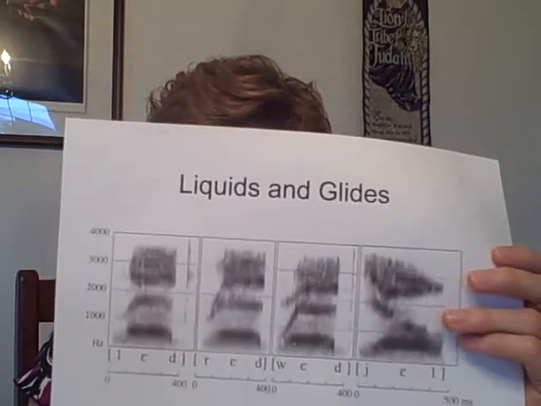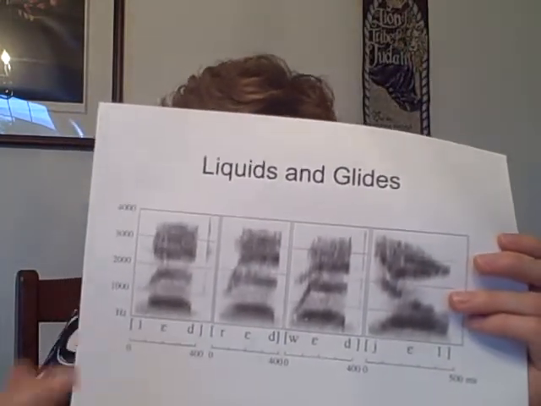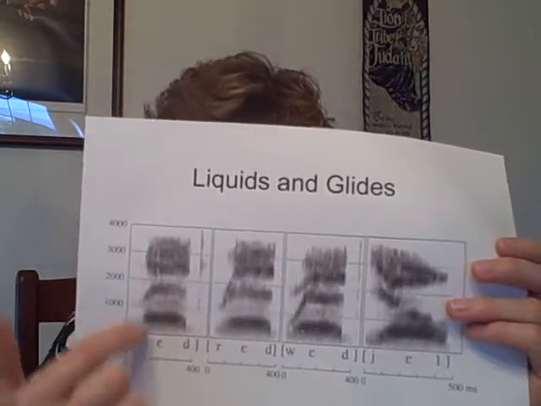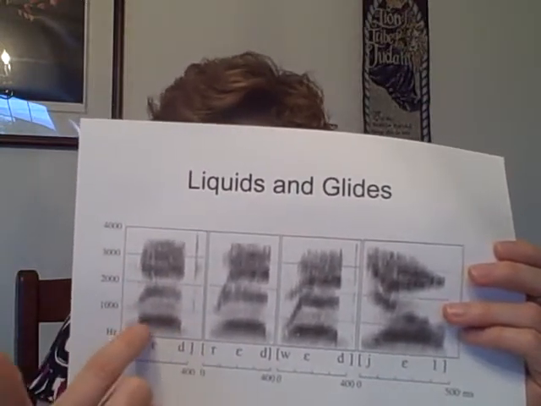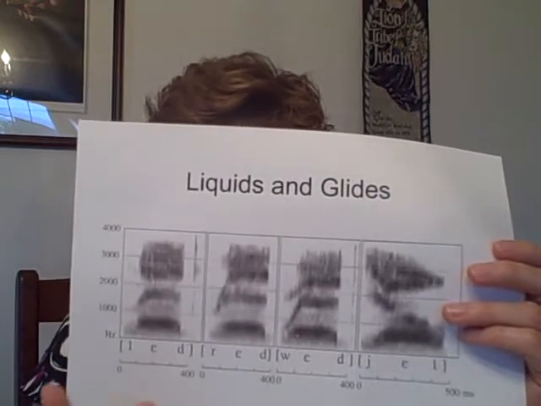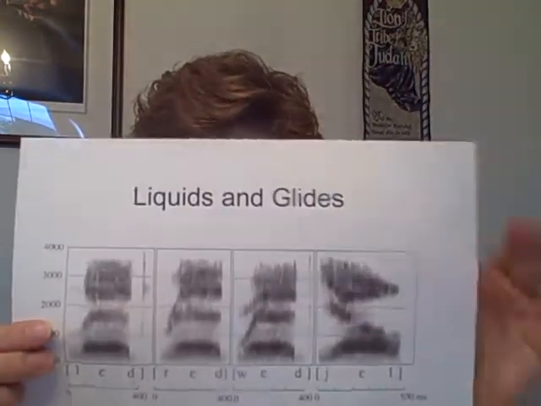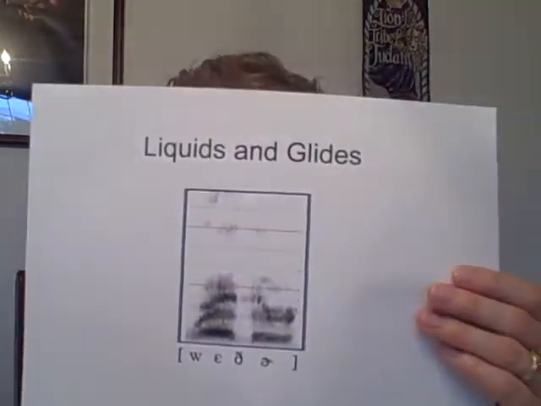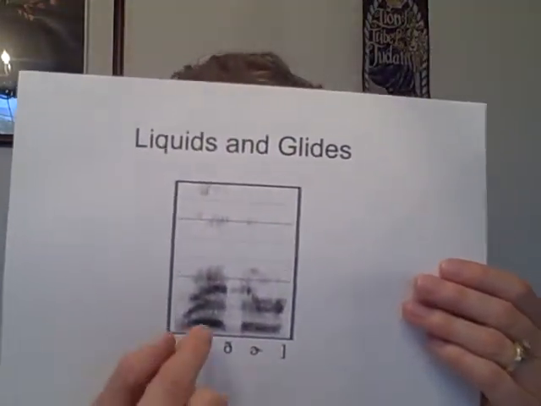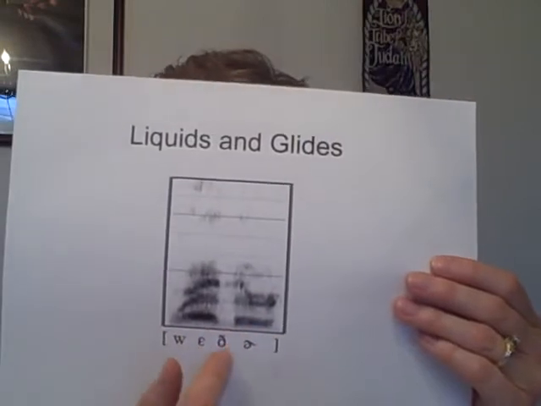The liquids take on the shape of the vowel around them. So you can see the differences within that, how they change. This is a spectrogram, probably taken from Praat, of weather.